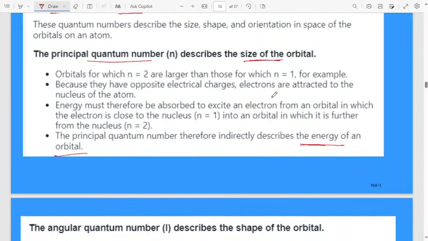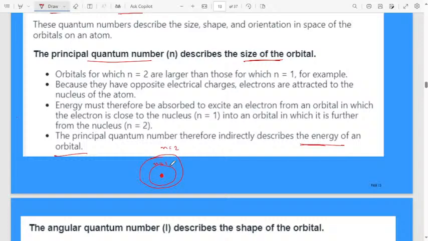Here what they are telling: consider this is the nucleus, then this is the first orbit, and this is the second orbit. Let us draw the nucleus in the center. This is the first energy level, this is the second energy level. Consider this is n equal to 1, then this is n equal to 2.